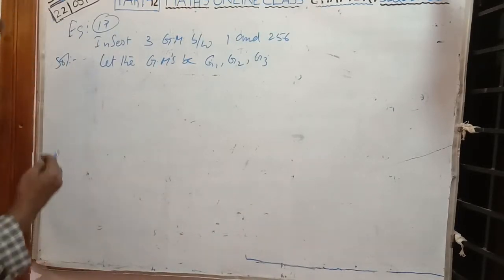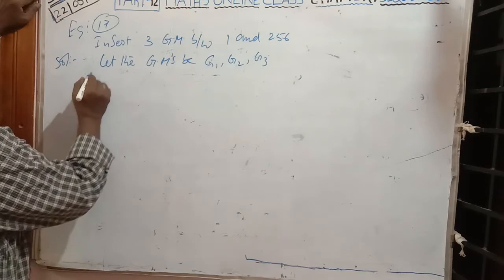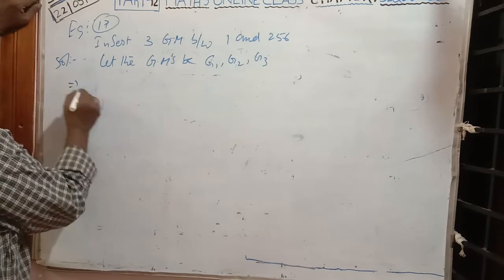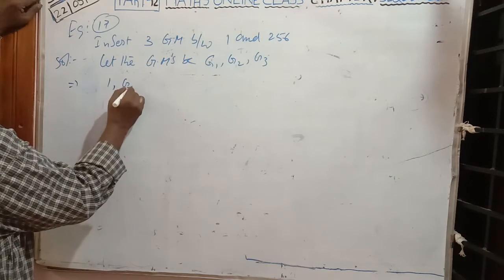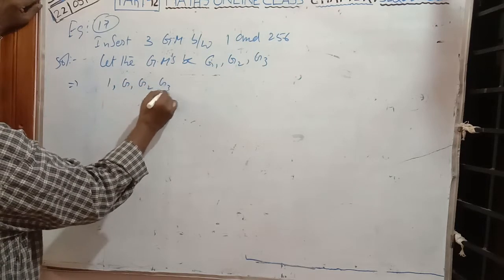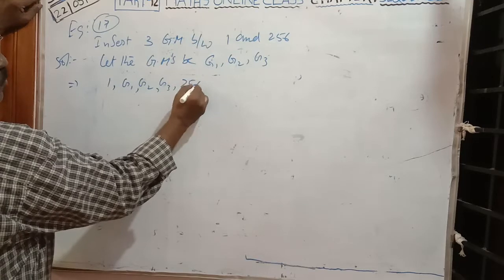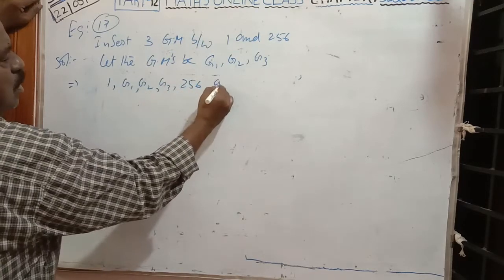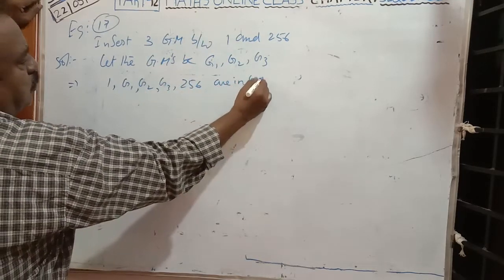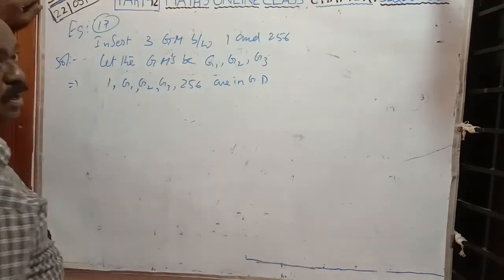Now you see that here, that implies 1, G1, G2, G3, 256 are in the GP.